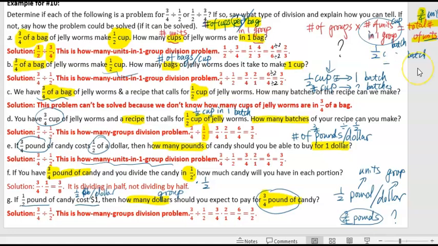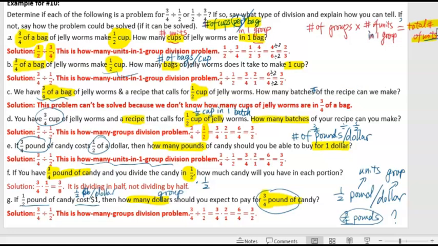If you go back here to the definition, you will be able to see. If you put it back in here, for the number of units we have 1/2 pound per dollar. So dollar is the group, pound is the units. We are also given 3/4 pounds, because pounds are the units.